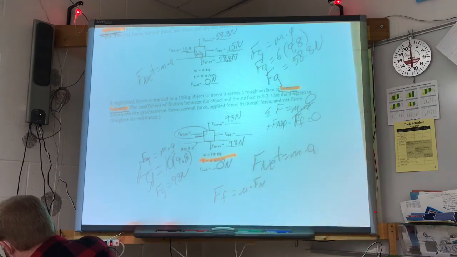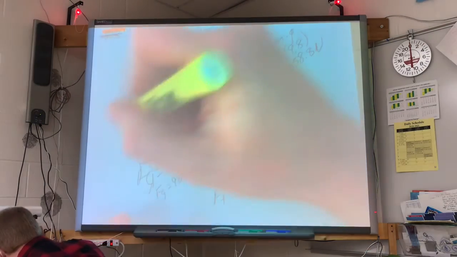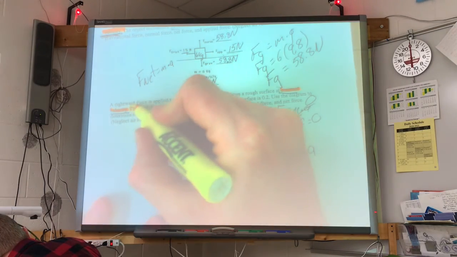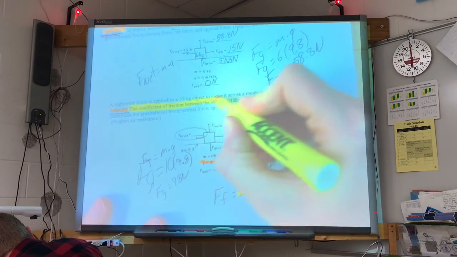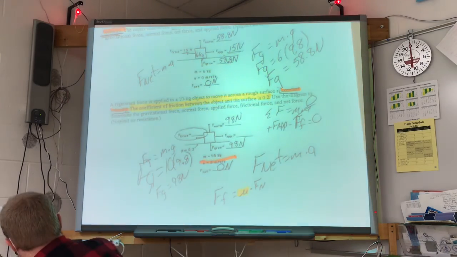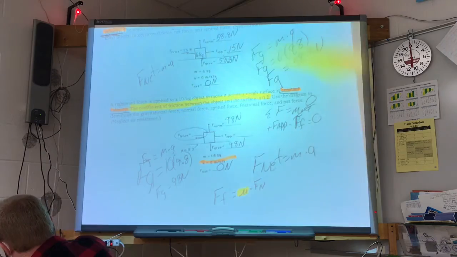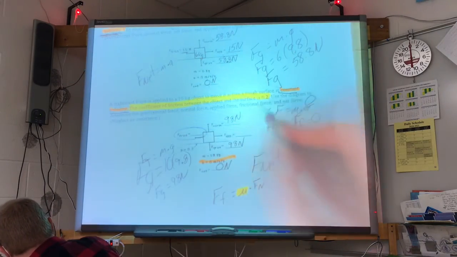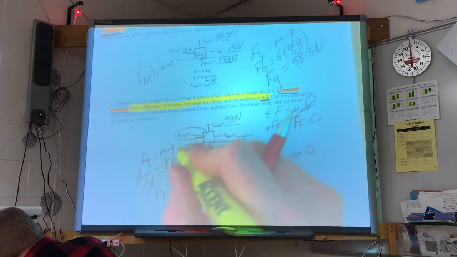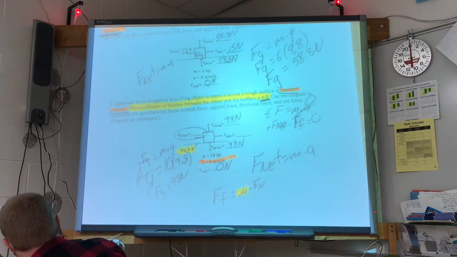Our equation for force of friction is mu, which I'll highlight in yellow, which is given up here in yellow too. Mu is the coefficient of friction. The fact that this says it's 0.2 is why on their diagram they wrote it right here as 0.2.